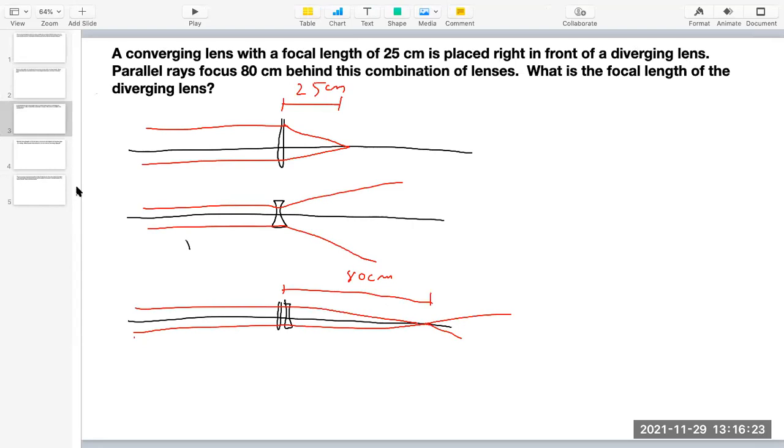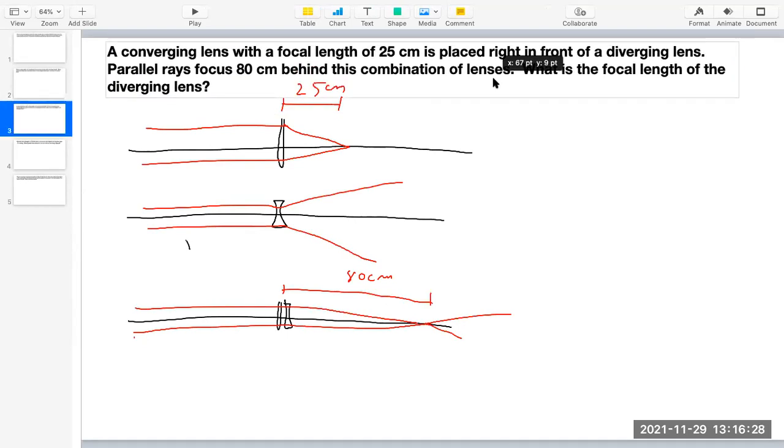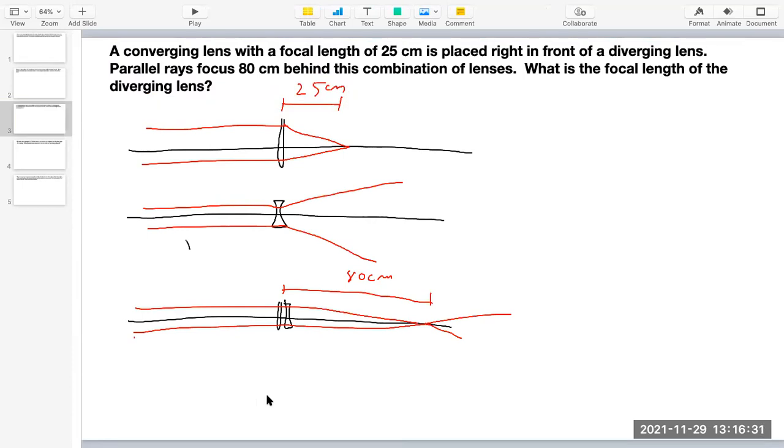So 1 over our combined focal length is equal to 1 over the focal length of our first lens plus 1 over the focal length of our second lens. So 1 over 0.8 meters. Now you could work in centimeters for this. 0.25 meters.